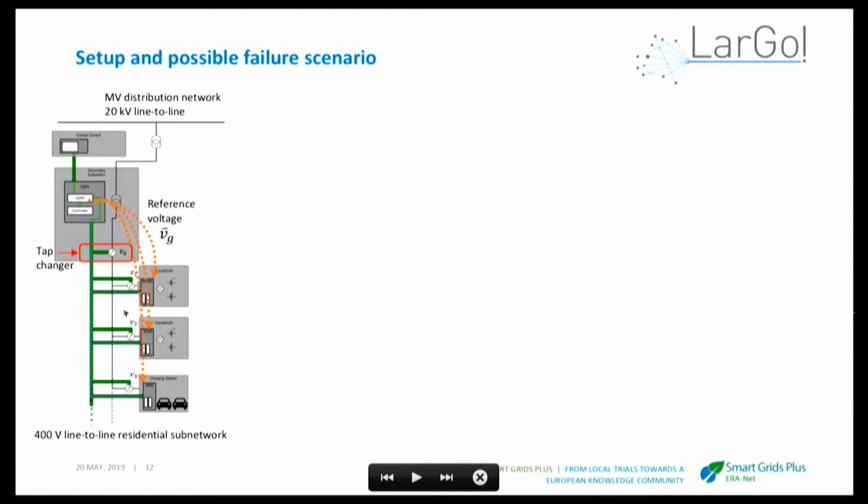And there's a tap changer that regulates what the voltage is at the head of this distribution network, and this connects to the medium voltage distribution network. Here we have the 400-volt line-to-line residential subnetwork. So what happens here is that the brain provides a reference voltage to each of these households, and the software is then required to follow this particular reference voltage.